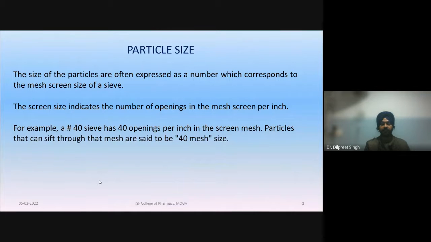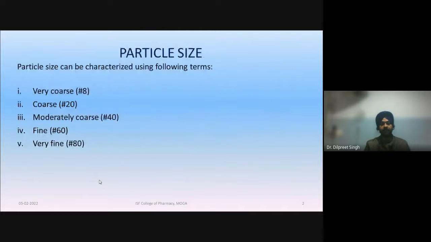So a particle that can pass through that sieve is said to be 40 mesh size. The screen size indicates the number of openings per screen inch. So the size of the particle is expressed as a number corresponding to the mesh screen size. The particle size can be characterized using the following terms.